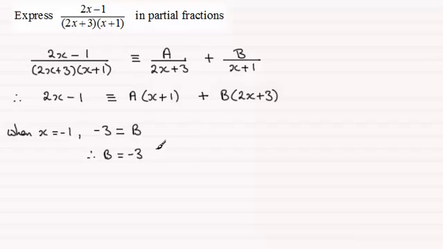Now we need to get a, and we can get a by making this bracket 0. So if 2x plus 3 equals 0, then 2x would equal minus 3, and then dividing by 2, x would be equal to minus 3 over 2. So when x equals minus 3 over 2, or minus 1.5, but I prefer to leave it like that, then you're going to get here 2 times minus 3 over 2, 2 times minus 1.5, in other words, just gives me minus 3, minus another one is minus 4.